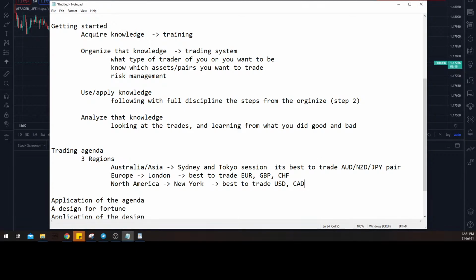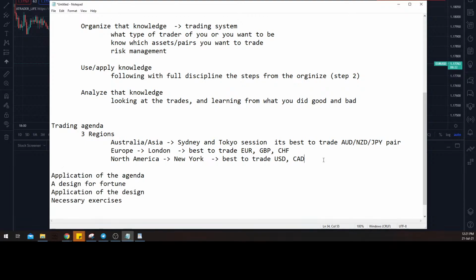That doesn't mean you cannot trade the others, but because of the volatility that is much higher for these coins when these sessions are open, it's much more likely percentage wise that the direction of those is going to go in that direction or not. So yeah, that's in terms of the regions.